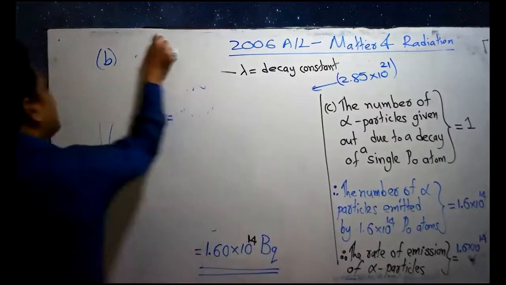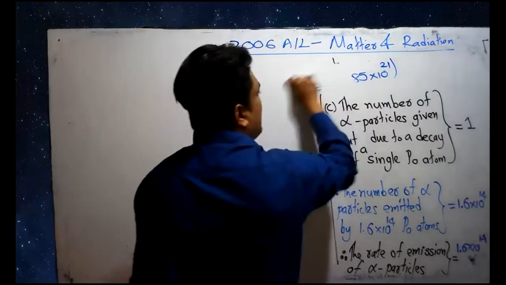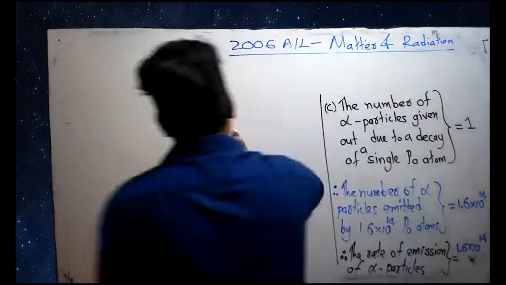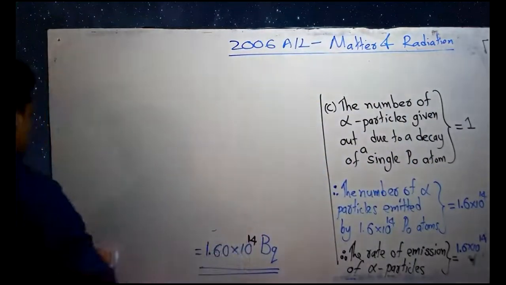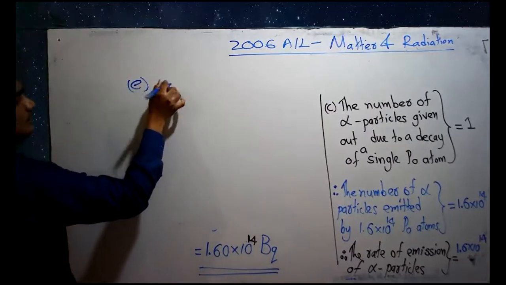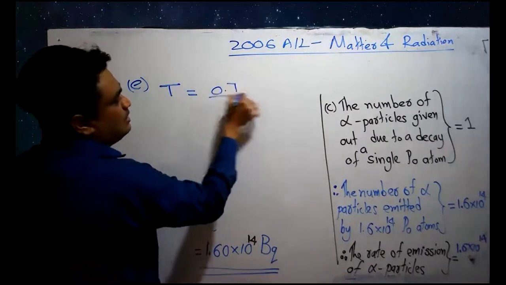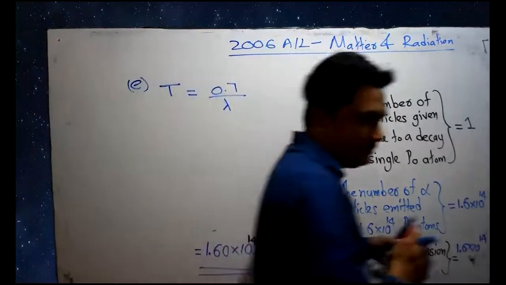They have given us the equation to calculate half-life. Last week, as I remember, we found the half-life equation: T equals 0.7 divided by lambda.